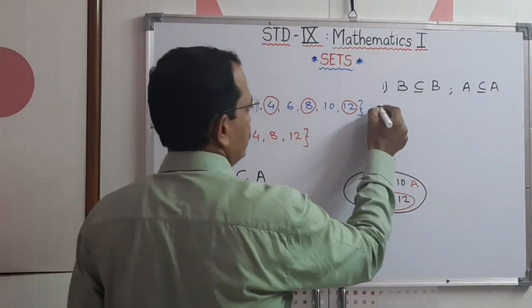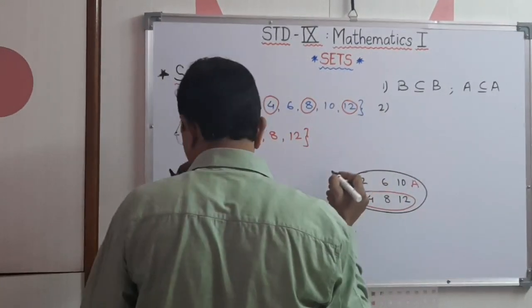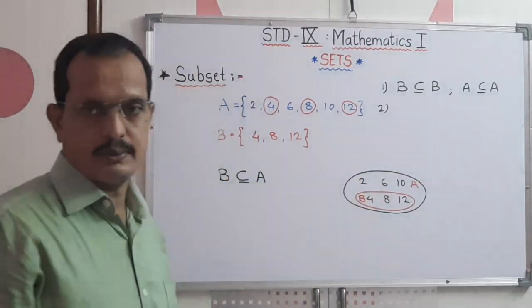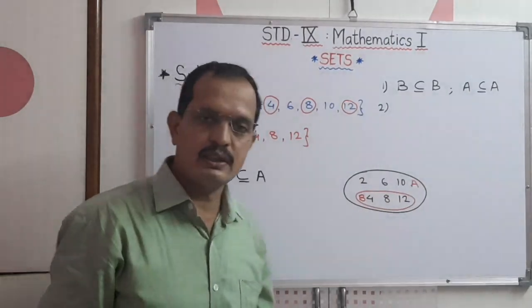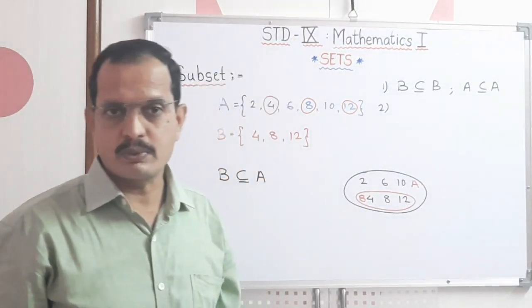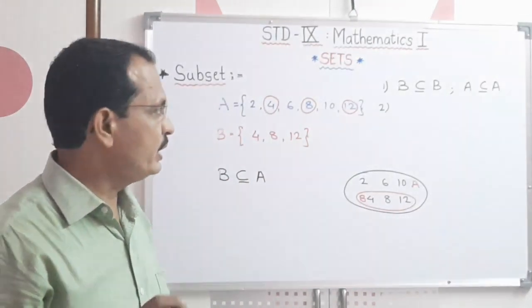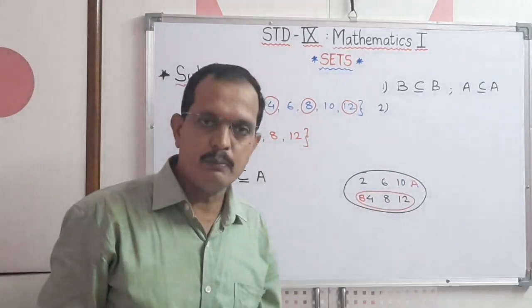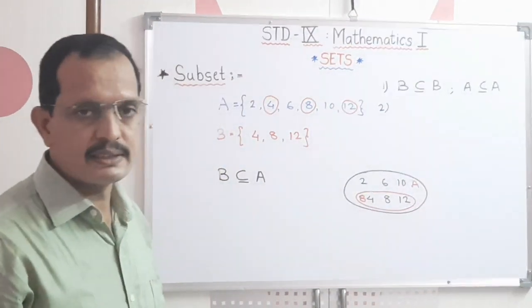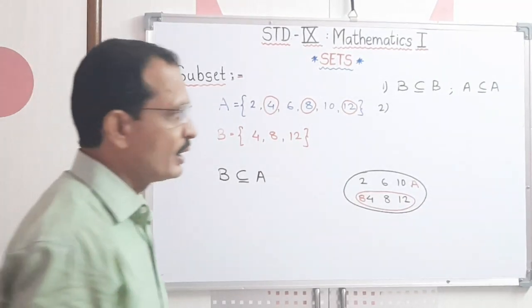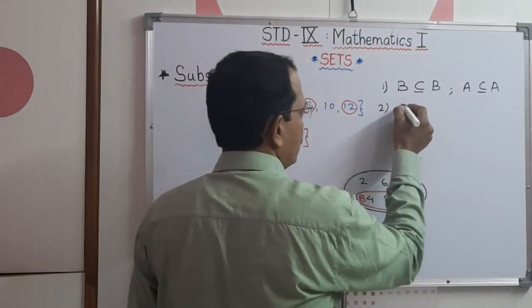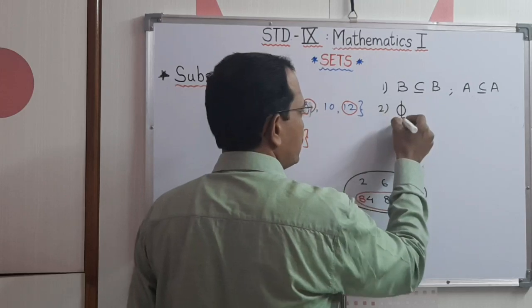Second property, all of you learned what is empty set. And in the previous lecture we learned that empty set is a finite type of set. Same way we have to learn here about the empty set. That is, empty set is a subset of every set.